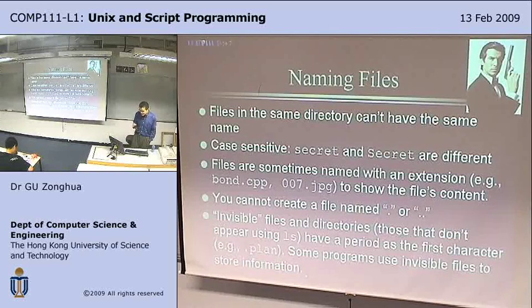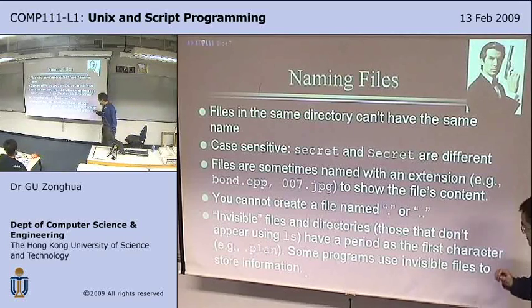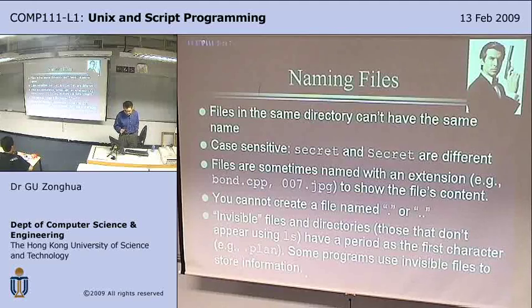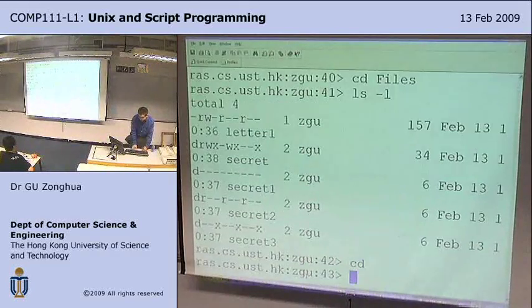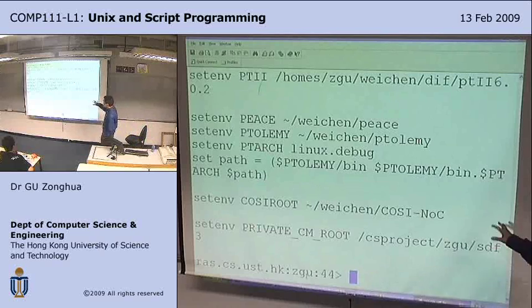Invisible files and directories have a period as the first character. Some programs use invisible files to store information. So in my home directory, I can actually have an invisible .cshrc file, which contains all my environment settings.